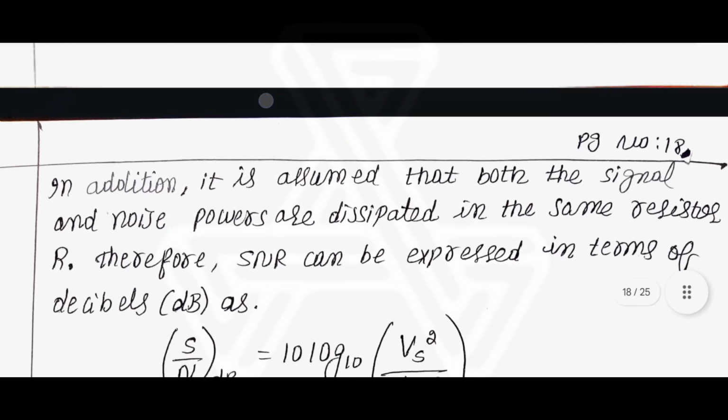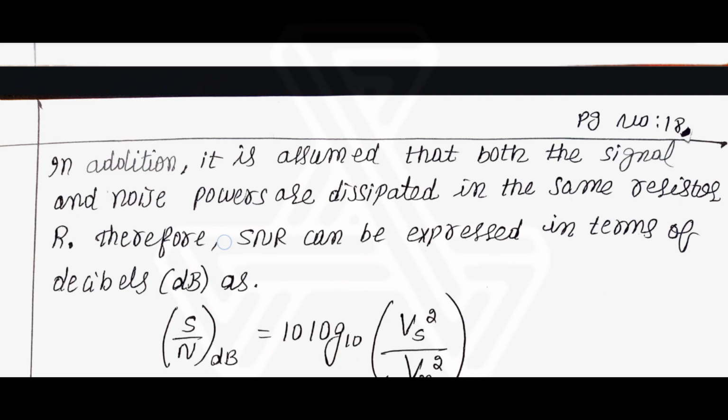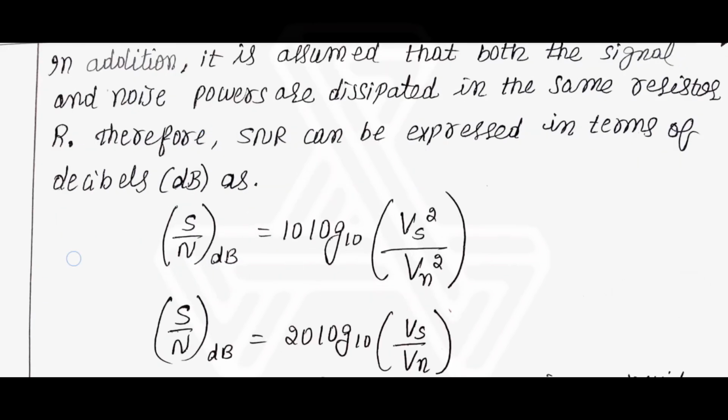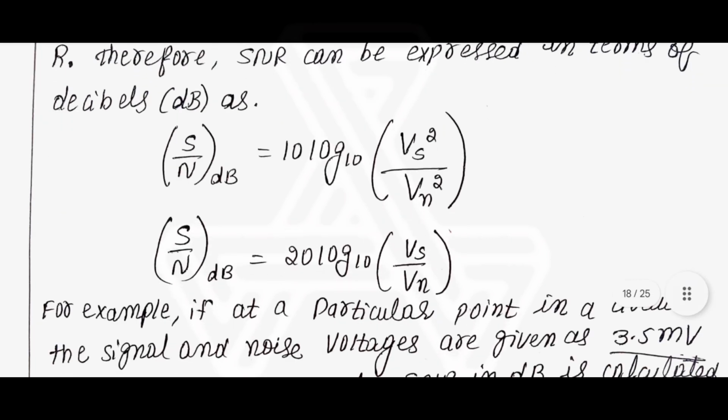In addition, it is assumed that both the signal and noise powers are dissipated in the same resistor. Therefore, SNR can be expressed in terms of decibels, dB, as S by N in dB = 10 log base 10 of Vs squared by Vn squared. S by N in dB = 20 log base 10 of Vs by Vn.